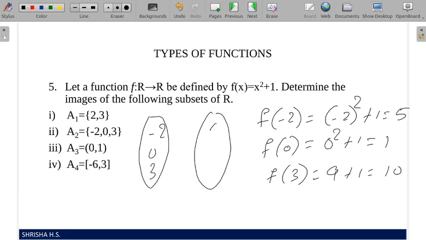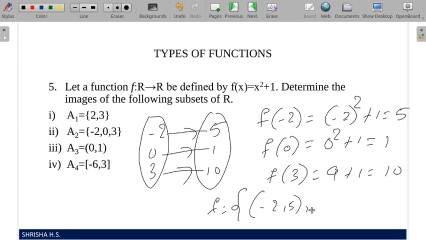So 5, 1 and 10 we are getting. So we write f equal to (-2, 5), (0, 1), (3, 10). So this is also a way of representing our function.